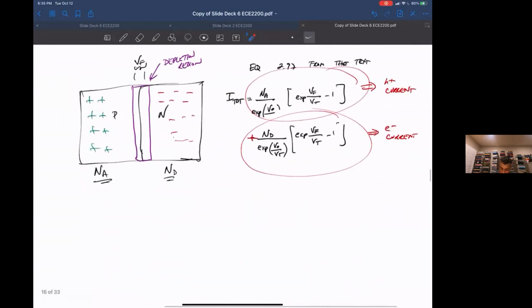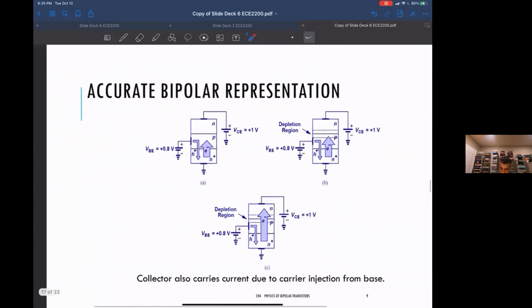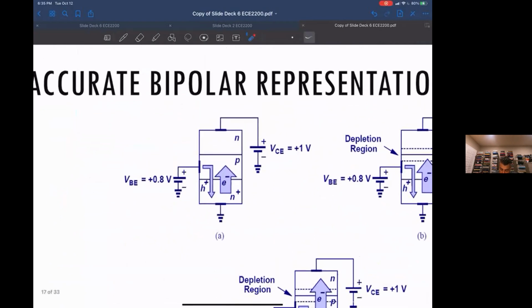And finally, we're remembering that the current that flows across a PN junction in forward bias operation is dependent on the doping concentrations. So coming back to our bipolar transistor, we're redrawing it here instead of the schematic, showing the NPN. So this is the base.